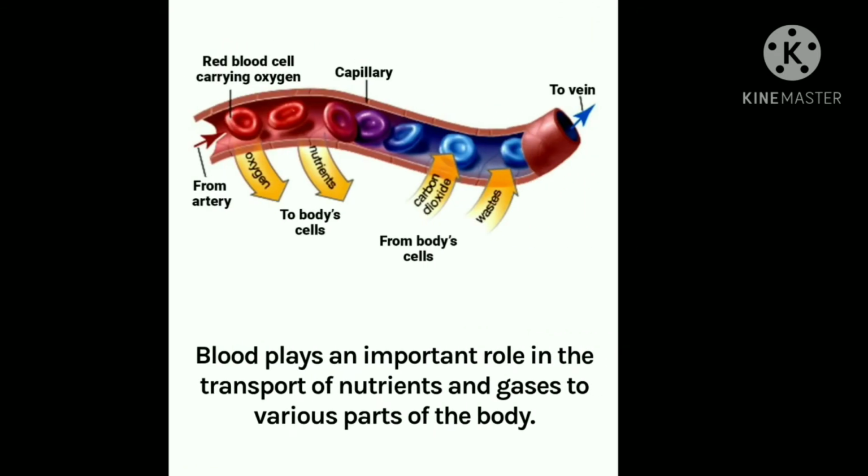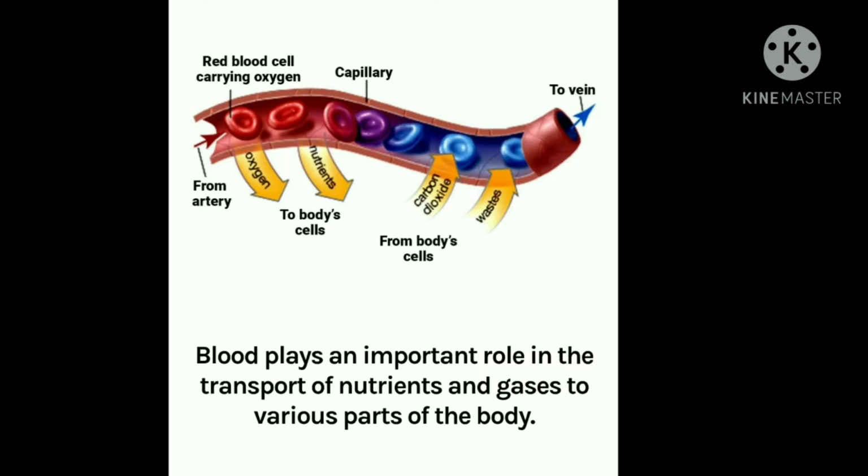Here see, the blood plays an important role in the transport of nutrients and gases to various parts of the body. So in respiration we have seen in the lungs the oxygen is taken by the red blood cells, which carry the oxygen important for cellular respiration, which gives us the energy.